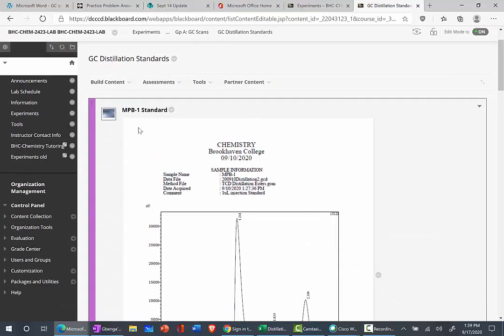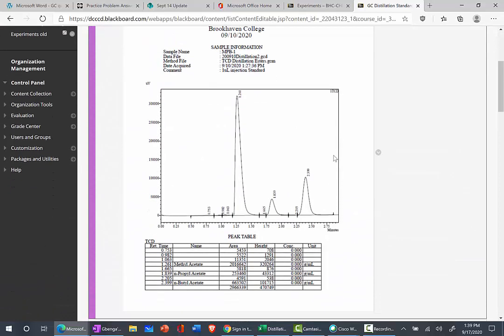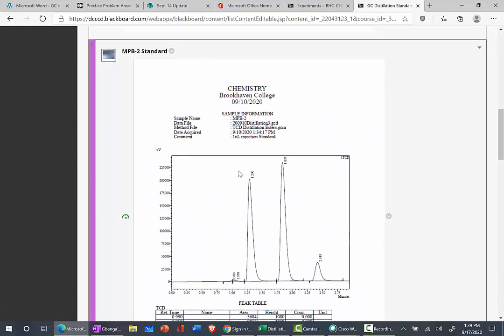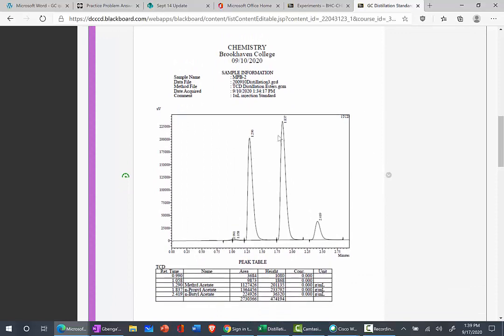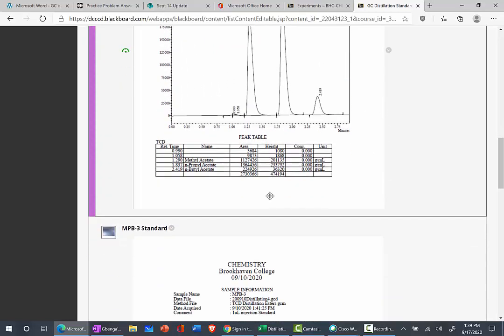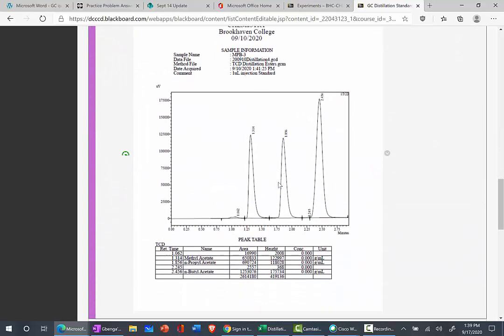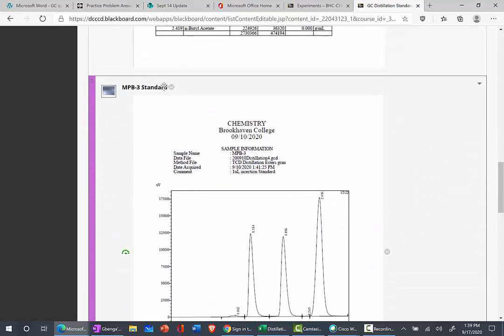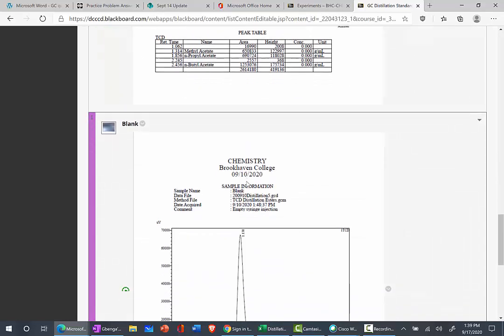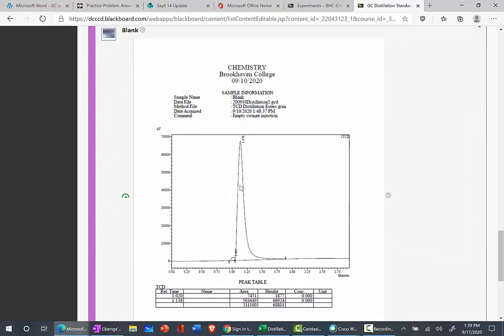So I just did MB1 standard. You can also practice with MB2 standard for yourself. The lab manager uploaded all the chromatograms. We also have MB3 standard, and the lab manager also uploaded a blank which only contains the solvent used to rinse the syringe used in the GC.